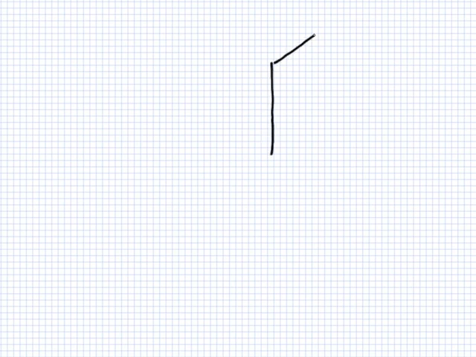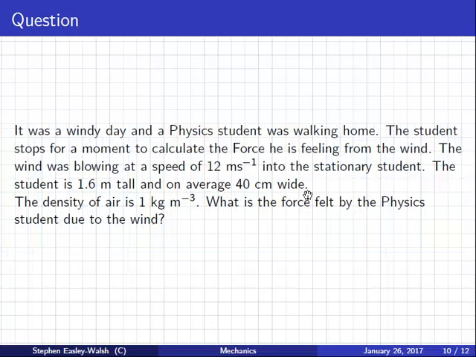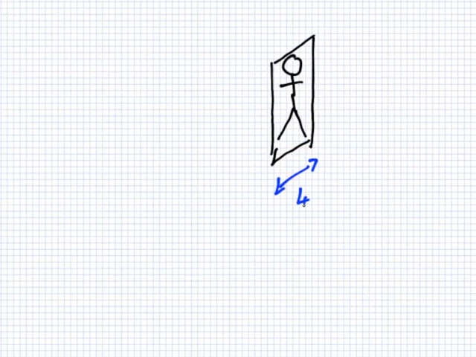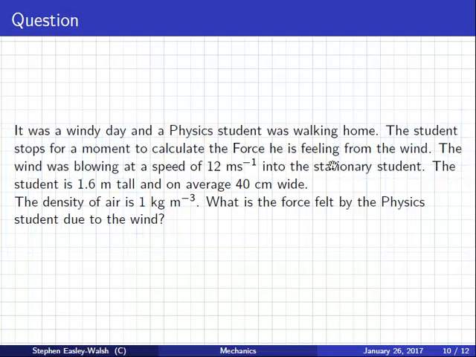Our student is a rectangle, roughly speaking, which the student is 40 centimeters wide and 1.6 meters tall. Okay? Now, the wind is blowing at 12 meters per second, and remember we should always look at these gas problems on a per second basis.